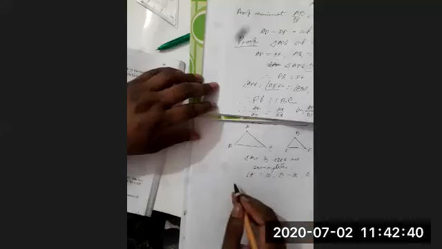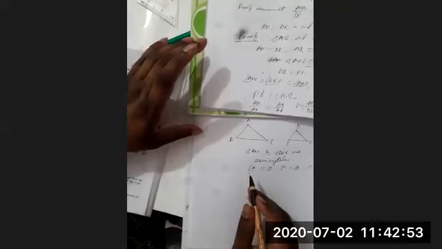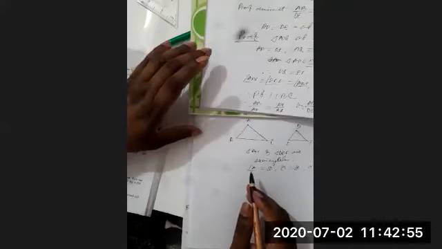Yes. And what is the proof requirement? We have to prove that the matching sides are proportional. Okay, Abdullah, thank you. Matching sides are proportional means both triangles are similar.